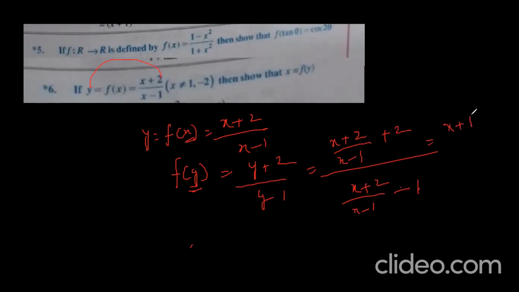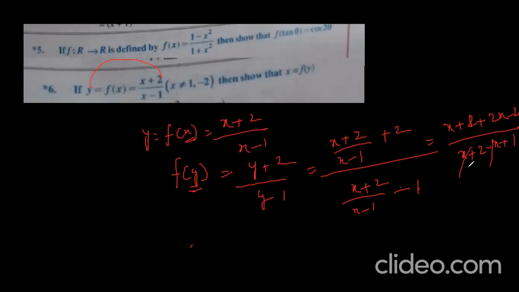What is y here? Y is nothing but x plus 2 by x minus 1. So x plus 2 by x minus 1, plus 2, divided by x plus 2 by x minus 1, minus 1. What do I get? X plus 2 plus 2x minus 2, divided by x plus 2 minus x plus 1.